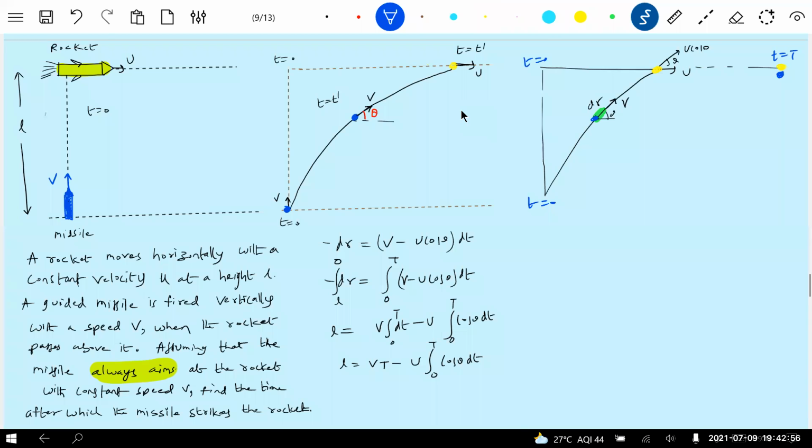So what is the net horizontal displacement they have undergone? The displacement of the missile should also be equal to the displacement of the rocket. What is the net horizontal displacement they have undergone? Should be equal, no?